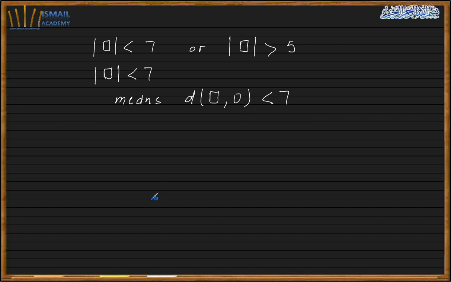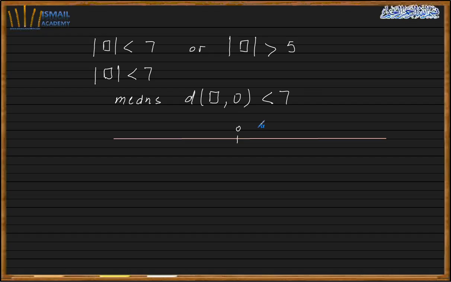Because on the number line, 0 is almost like the middle, so it has two sides: the right side and the left side.